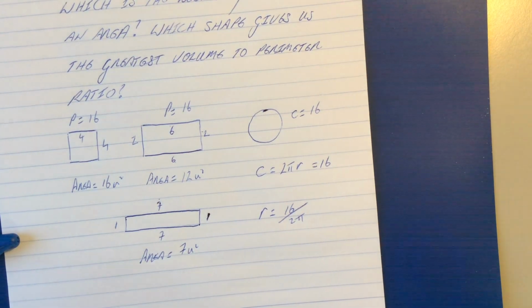Right. So I'm just going to do this really simply. I'm going to say that pi is 3.14 so that we can get this done and you can see the general principle at work. So 16 divided by 2 times pi, or 2 times 3.14.